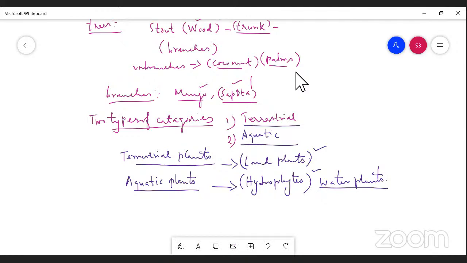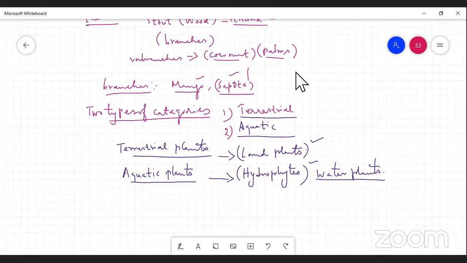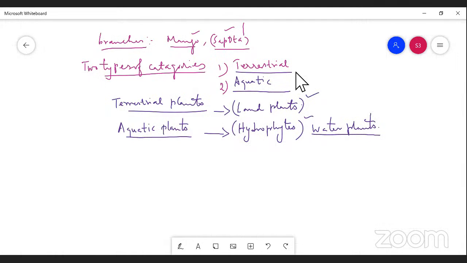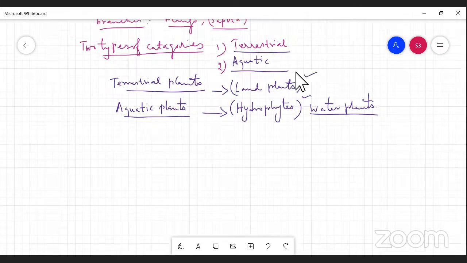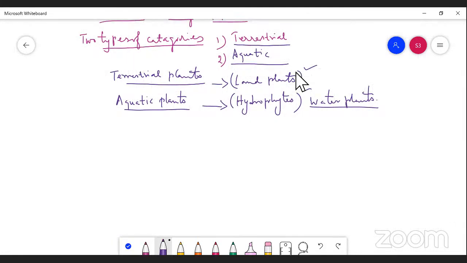The lifespan of the plants. There are three types of lifespan. The first one is annual plants.